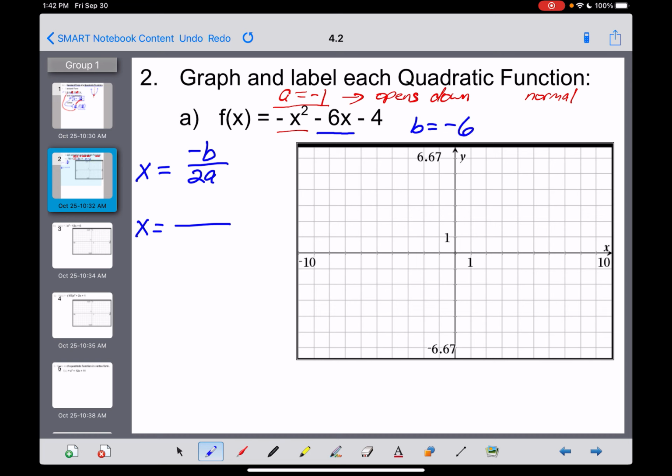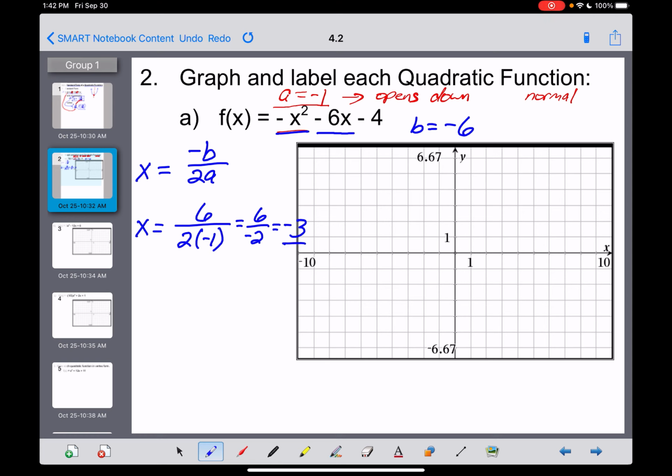And since we want the opposite of b, that now becomes a positive 6 up in the numerator. Down in the denominator, this is 2 times your a value, which is negative 1. So that becomes 6 over negative 2, and because this one works out nicely, you're welcome everybody, 6 divided by negative 2 is negative 3.